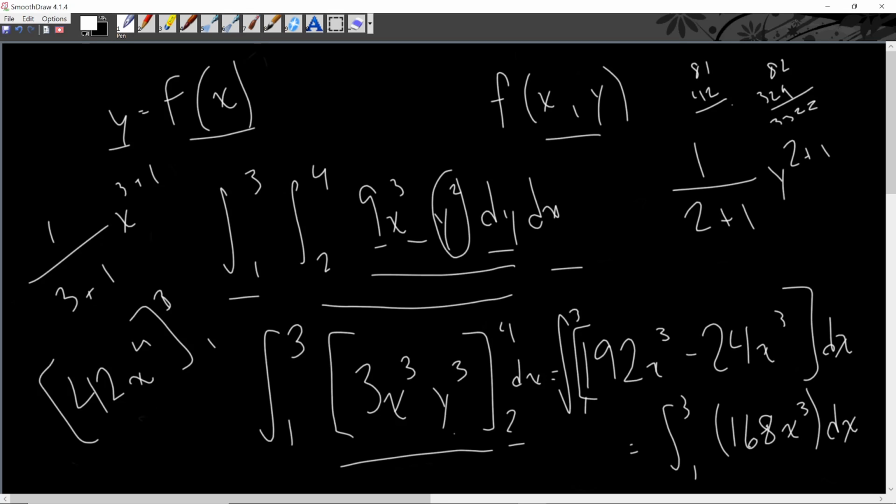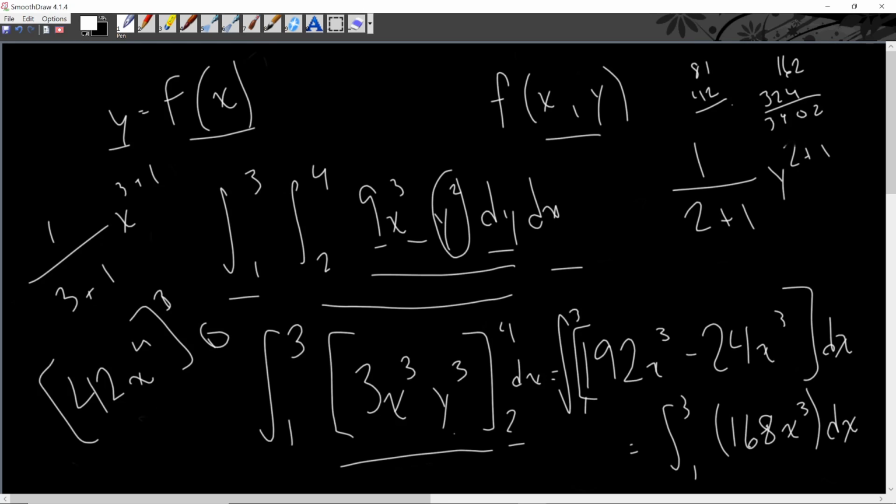Oh, 81 times 2 is 162. That's where I was wrong. Let's write this again. 162, and then 324. So we're going to be left with 3402.